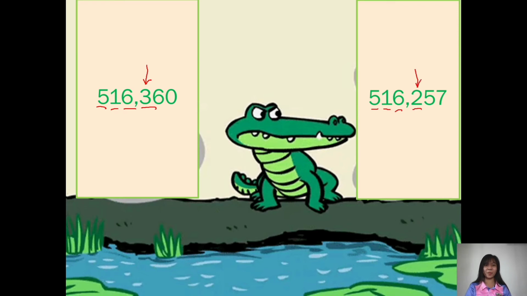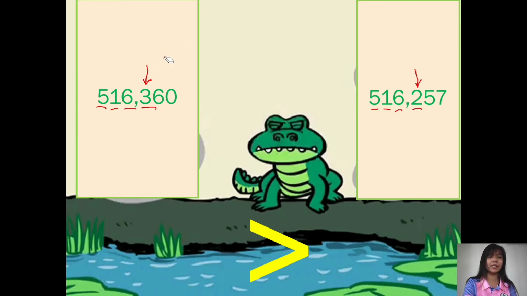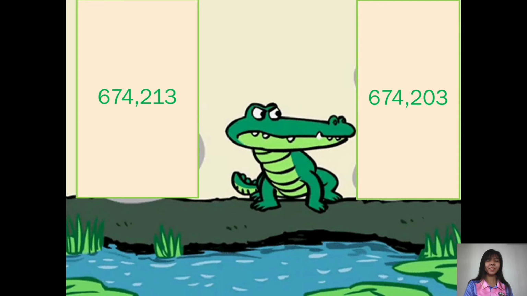Now we can compare the numbers because they are not the same. On which number do you think the crocodile will open his mouth? On number 3. So we are going to use greater than. 516,360 is greater than 516,257.